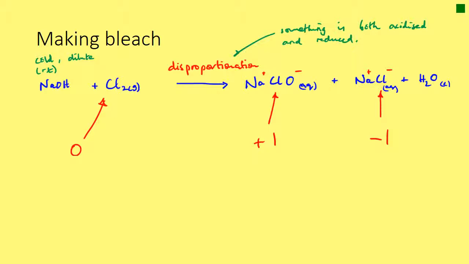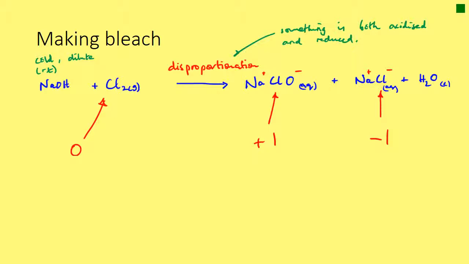So if oxygen is 2- and the ion itself is 1-, then the chlorine in that chlorate ion must be 1+, +1. Okay, so go through that, rewind and go through that again if you didn't quite get it first time.